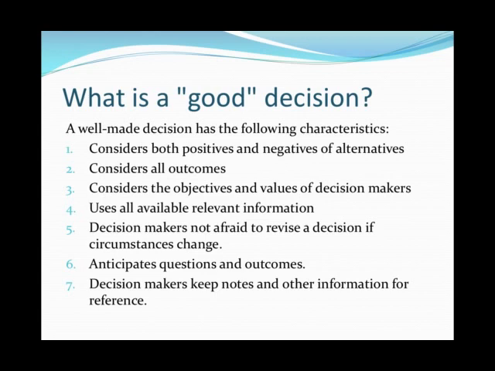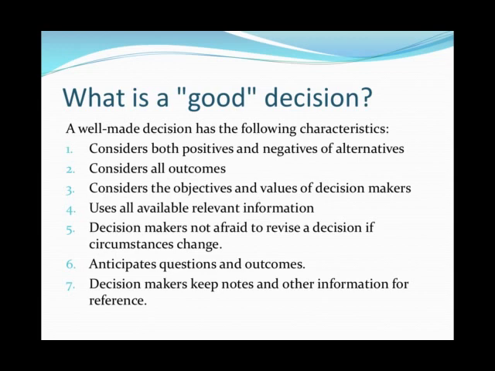Decision makers are also not afraid to revise a decision if the circumstances change. What if I chose to come here, but then my mother gets sick and she lives near University of Jordan, and it's better for me to live closer to her?